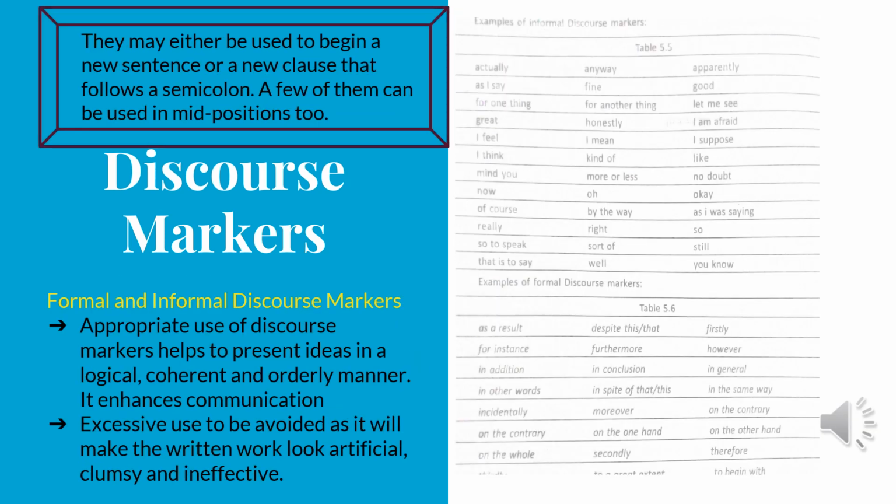The discourse markers are of two types: formal and informal discourse markers. In academic writing, we use the formal ones, but some discourse markers are suitable for informal circumstances, like actually, anyway, I mean, and things like that.